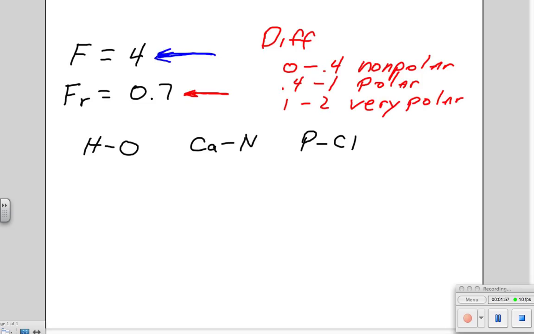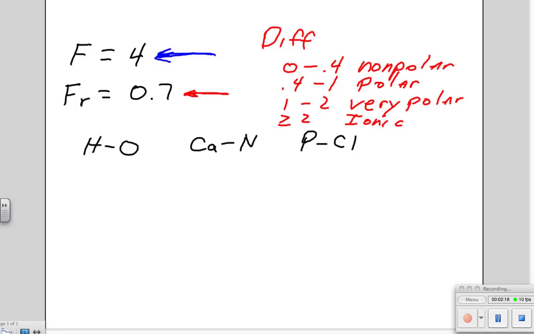And if it's greater than or equal to 2, it's considered to be ionic. So at this point, what I would do is go and look at my periodic table handout and find the electronegativities for these elements.